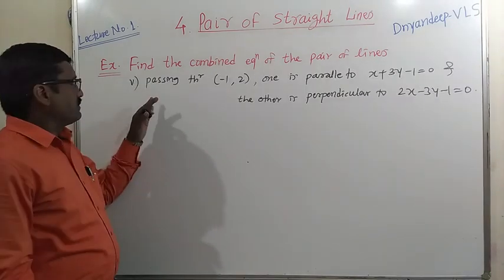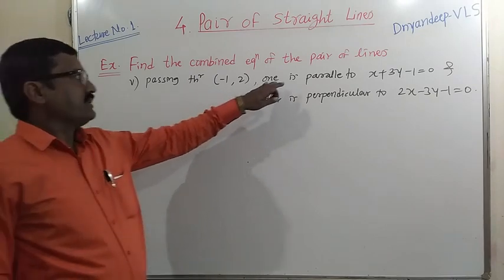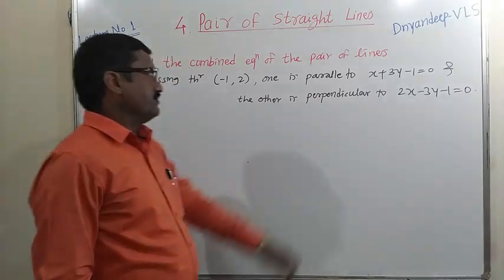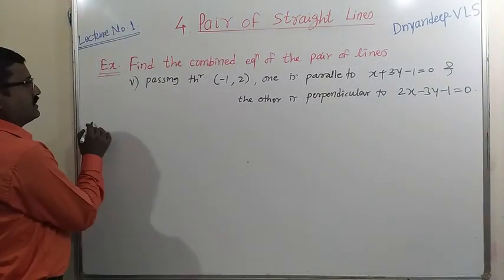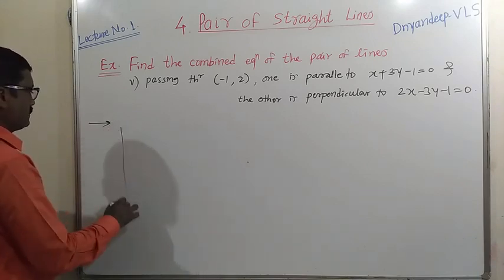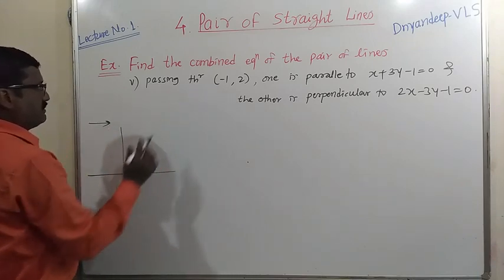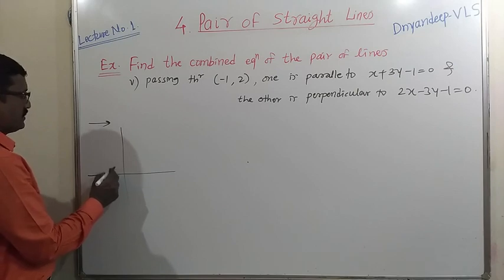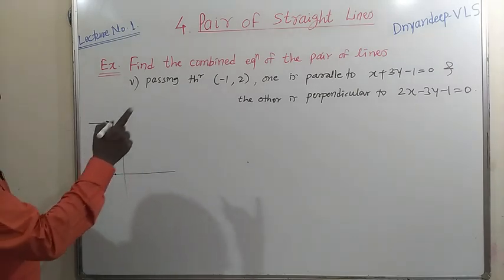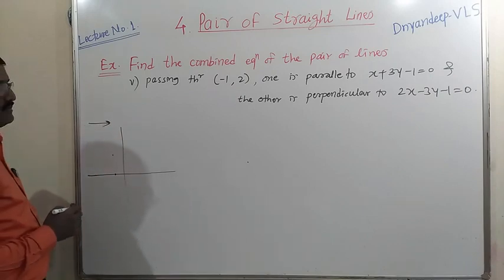See this example number 5, passing through minus 1, 2, one line is parallel to this line and the other line is perpendicular to this one. Let us start with the figure once again. As in this case, the point is given, minus 1, 2. The minus 1, 2 is somewhere here, and one line is parallel to x plus 3y minus 1 equal to 0.